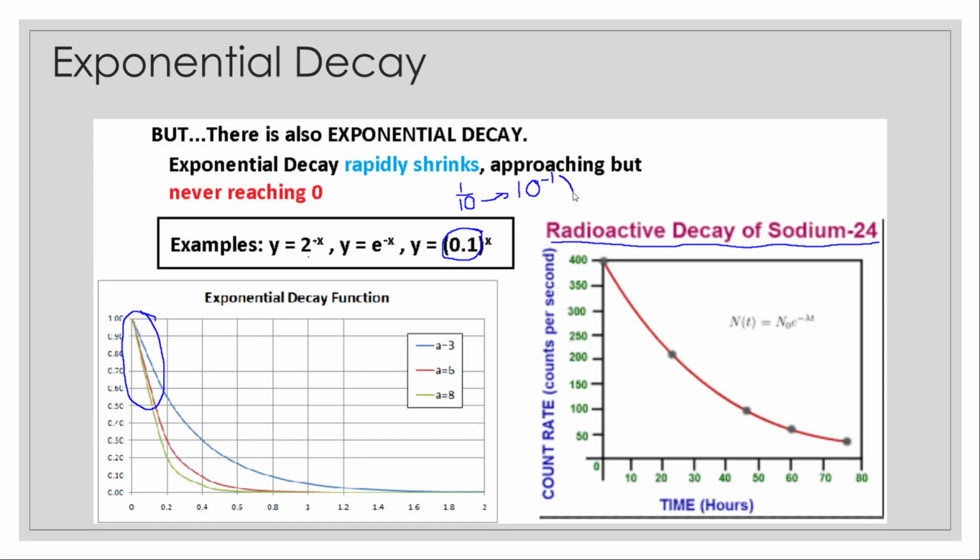And if we use our properties of exponents, we have that x outside, you take x times the negative 1, and that gives you 10 to the negative x. And now that's the same thing as 0.1 to the x. So you can see 10 to the negative x looks a lot more similar to these other two functions.